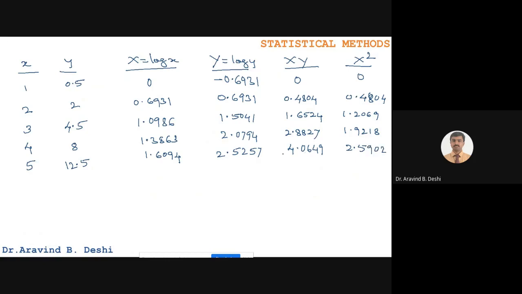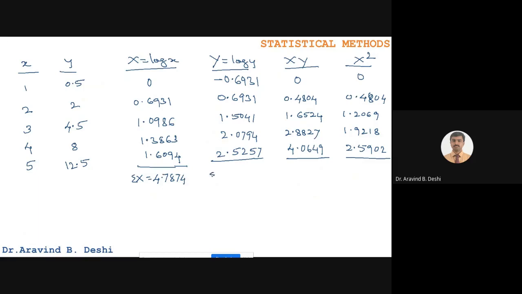So in the equation 1, that is system of equation, we don't want summation of small x, summation of small y. So no need to calculate summation of the small x and summation of small y. Therefore directly the summation of capital X, summation of capital Y, summation of xy, summation of x square we need to calculate. Therefore summation of capital X is 4.7874.